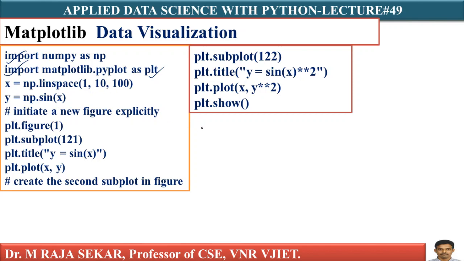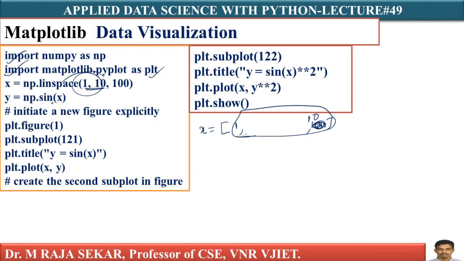What does it mean? x will have 100 values, starting at 1 and ending at 10. In between 1 and 10, it will generate 100 evenly spaced points. So this x possesses 100 values between 1 and 10.